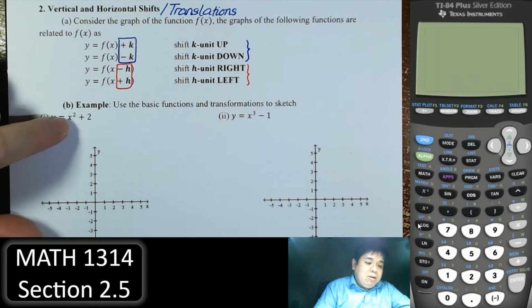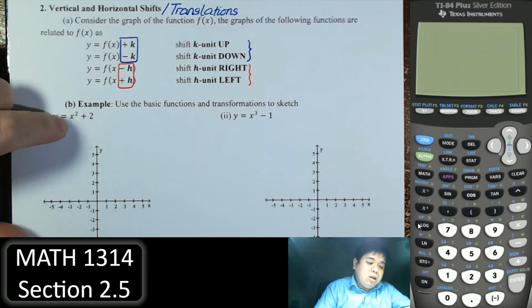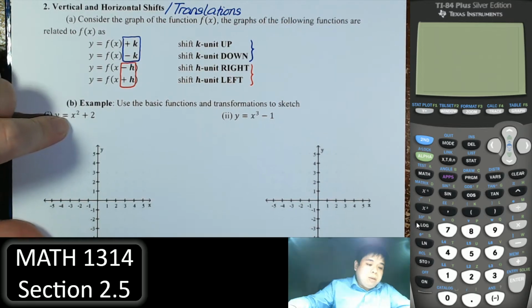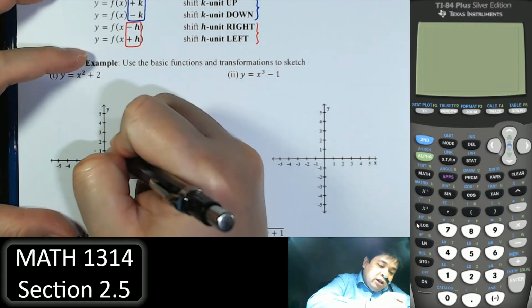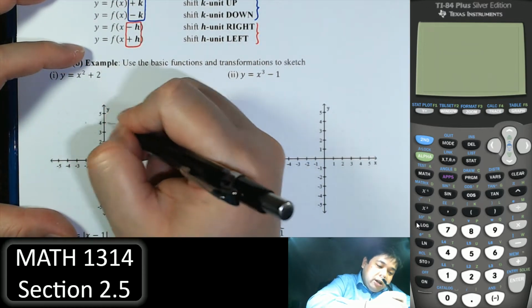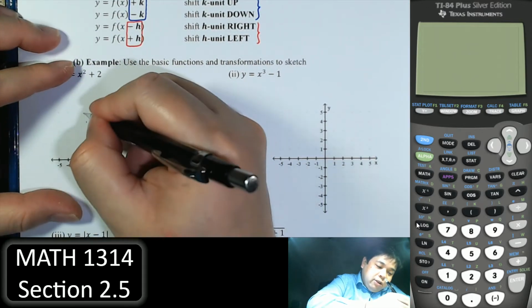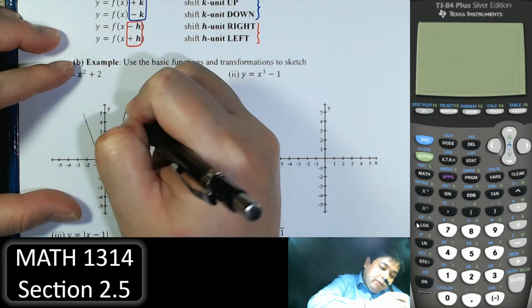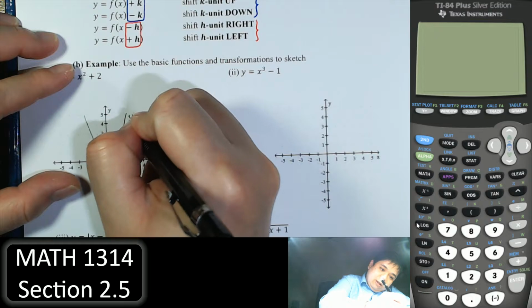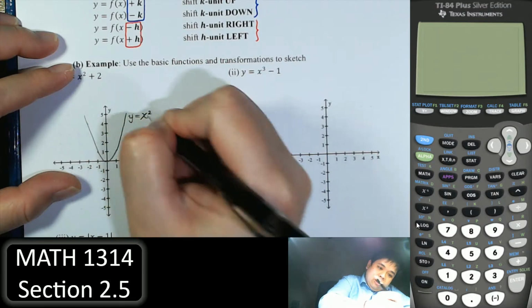Right, now let's use a basic function and sketch x squared plus 2. So basically we just have x squared plus 2. First we have x squared, we're going to graph x squared. This is the basic graph.